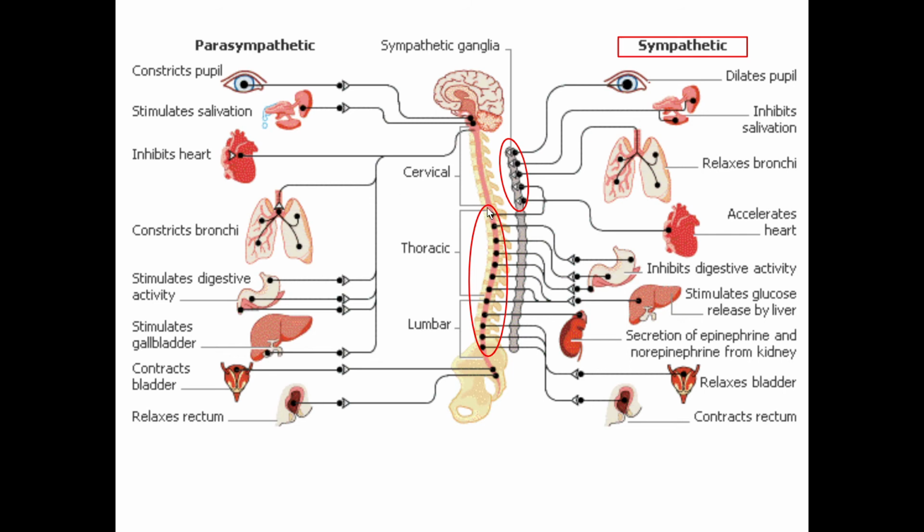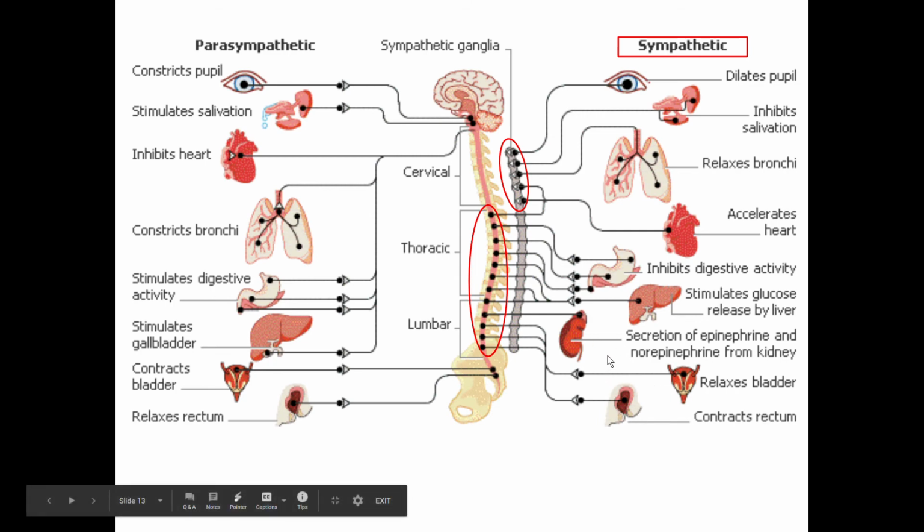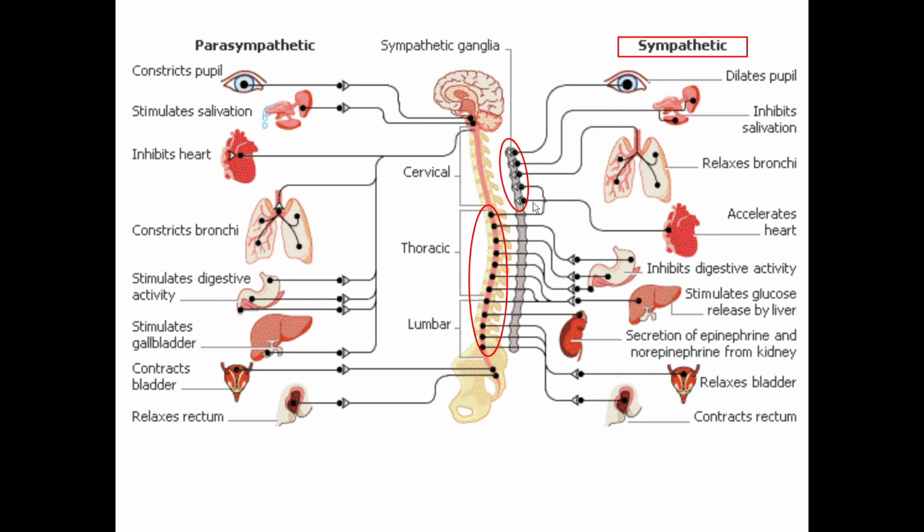So you're either going to have the preganglionic neurons originating in the thoracic and lumbar regions of your spinal cord, going out to ganglia that are near target organs down here. So here's the stomach, here's the liver, here's the kidneys, the bladder, etc. Or they're going to send their projections, their axons, to the sympathetic ganglia that are part of the sympathetic trunk.